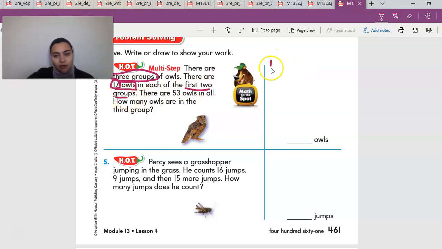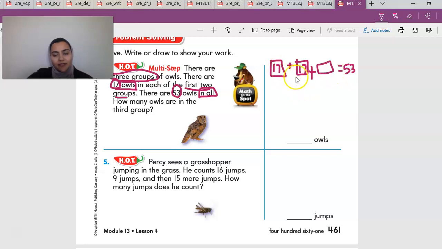So this one would be 17, this one would be 17. And then there are 53 owls in all. When I see in all, I know that we are going to add. So all together, there's 53. There's going to be an addition mark here and here. 53 owls in all is important, so I would box that. How many owls are in the third group? We're trying to find out how many owls go here.